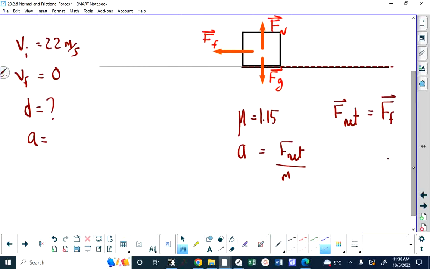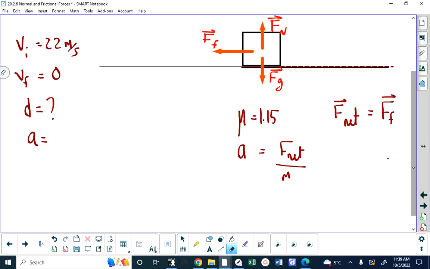Well, let's not do it that way. So let's calculate the force of friction first, so we can calculate the acceleration, so we can go over here and find the distance.